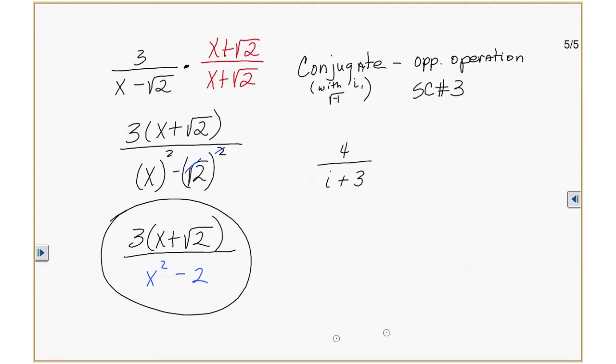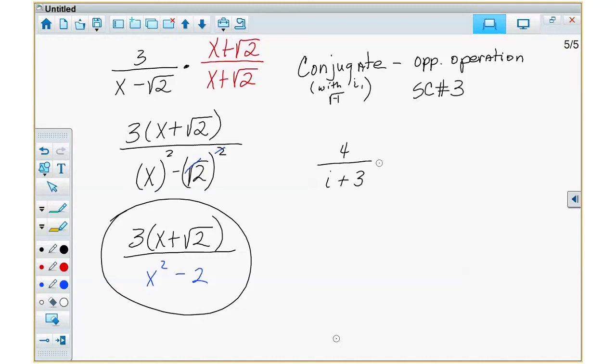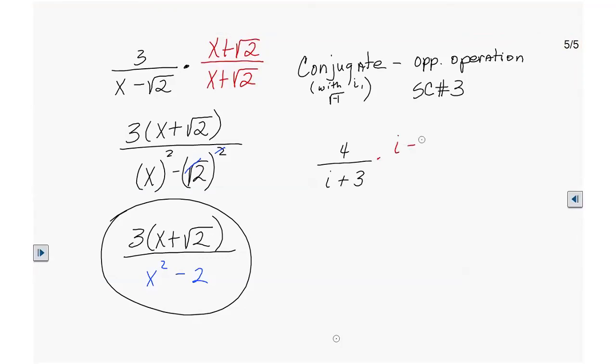You could change it to the square root of negative 1 plus 3 if you wanted to, but it's a radical. So what's the conjugate of i plus 3? Say again? Negative 3. So that would be times i minus 3 over i minus 3.